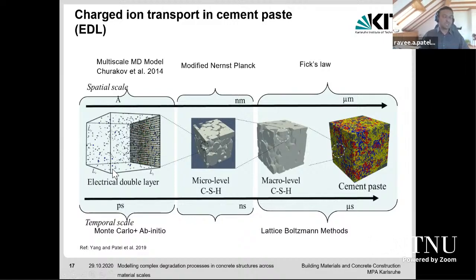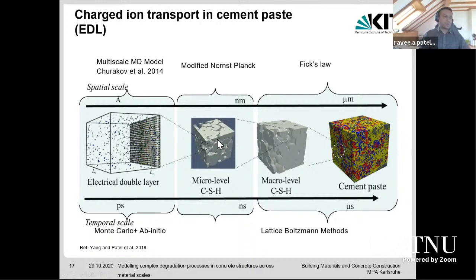And this distribution does not follow the classical Poisson-Boltzmann relationship of the Nernst-Planck equation. So we have to modify the Nernst-Planck equation to account for the hard sphere contact near the surface. With this modified Nernst-Planck equation, we can compute the diffusion coefficient at the scale of a 25 nanometer REV.